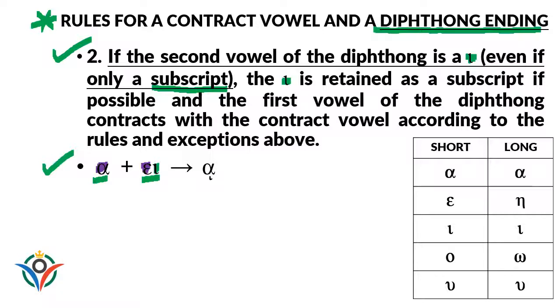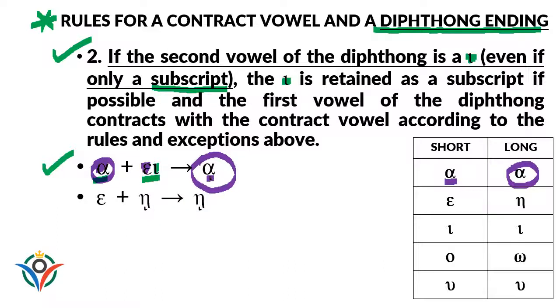And according to those rules, the contract vowel, the alpha, will contract in its longest form. All right, so the short is the alpha and the long is also the alpha. And so we're going to end up with an alpha, and we're going to retain the iota as a subscript.